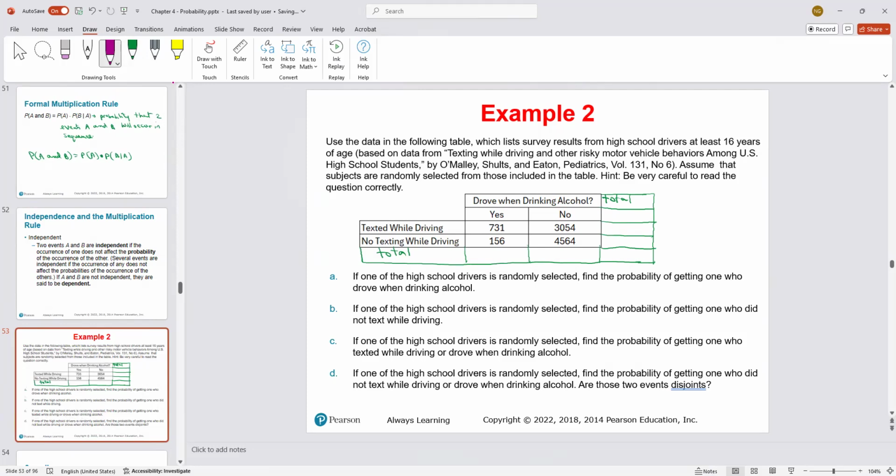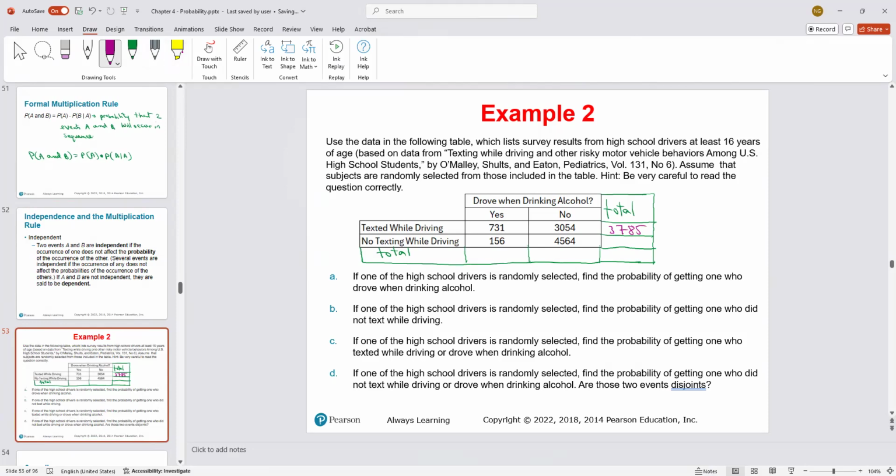I only need to do totals here. You add 731 to 54, which gives 785.